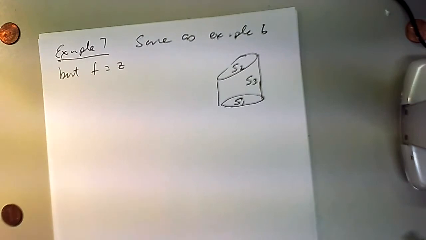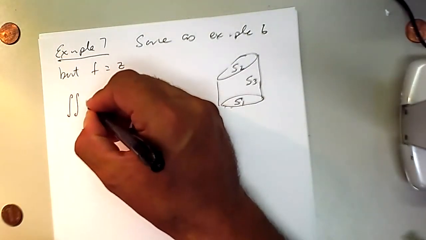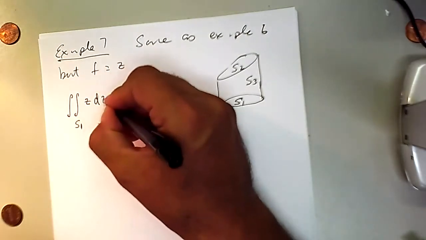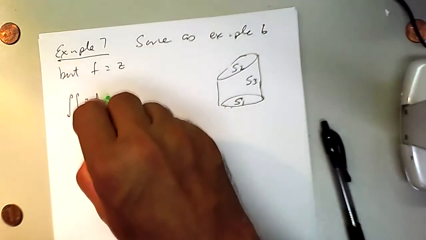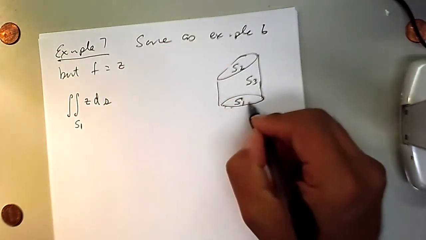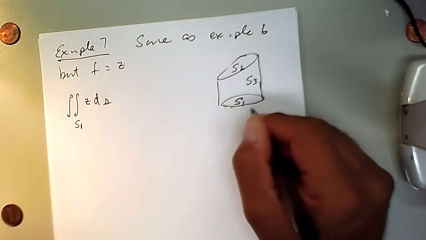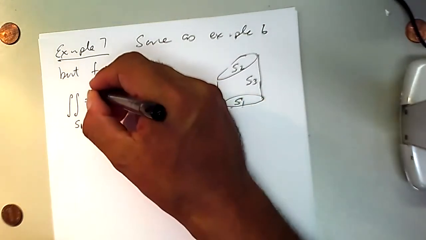Yeah, I did. Okay, so the double integral of z on the bottom, oops, not z, ds. Okay, on the bottom, well, remember that's on the floor, on the xy plane. And on the xy plane, all the z's are 0.